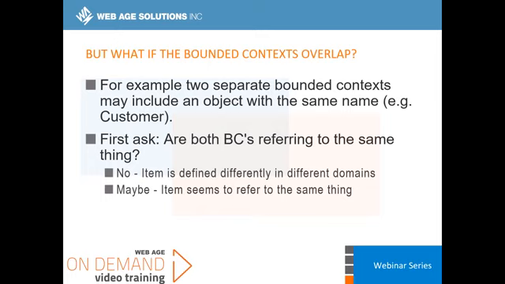If our analysis shows that no, they're defined differently in different domains, the ubiquitous language says they're defined differently, although we use the same name. That's okay. We'll continue to use the same name, because it's part of the ubiquitous language for that subdomain, which is mapped to some bounded context.